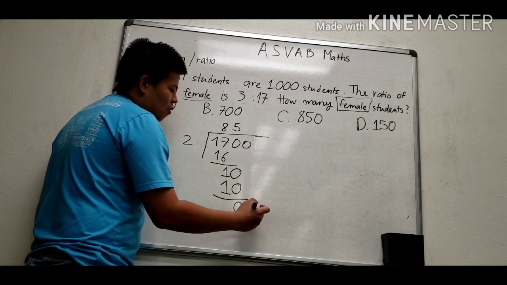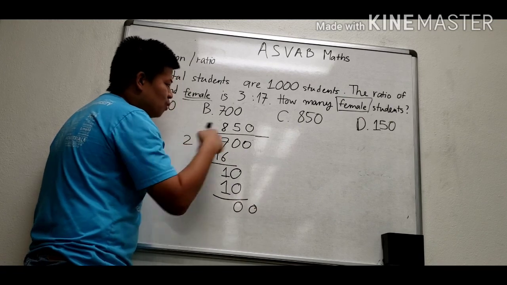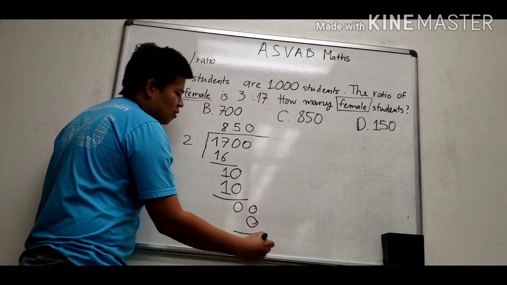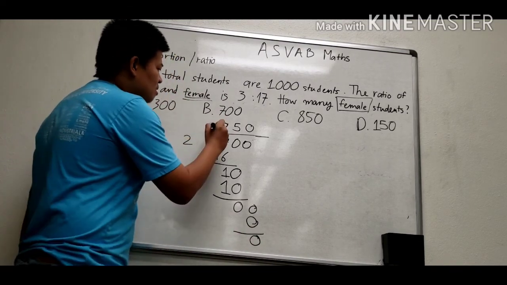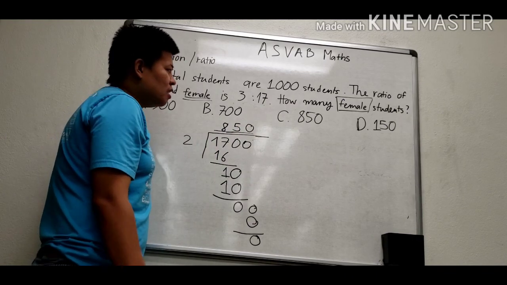We have 0 over there, and 2 multiplied by 0 is 0. So after we calculate everything, the total female we need to find is 850, and that's answer C.